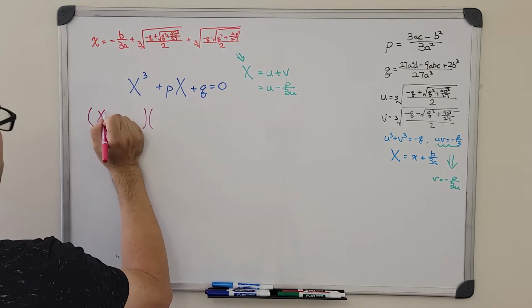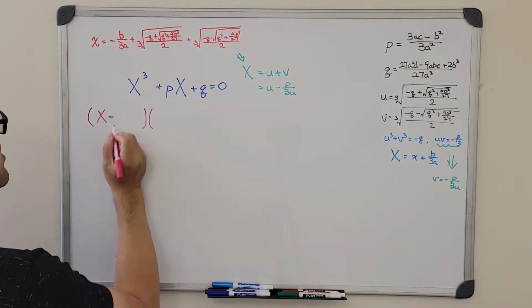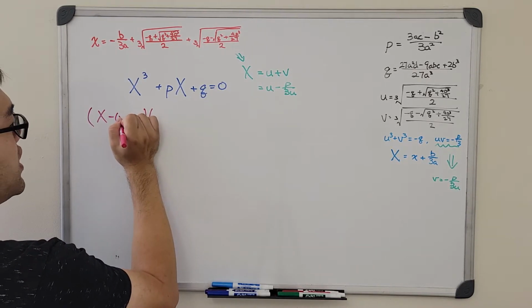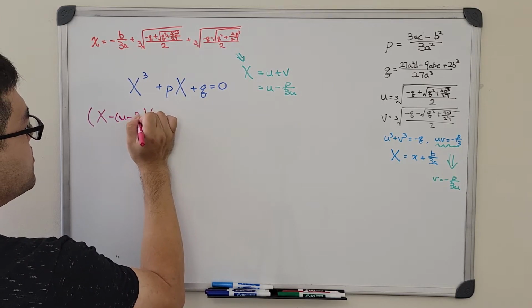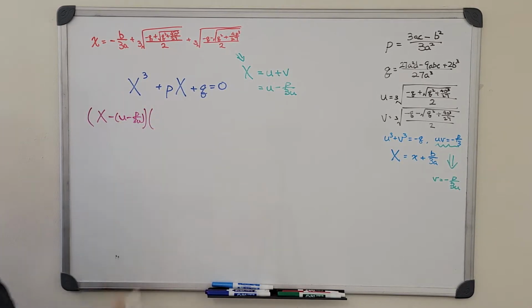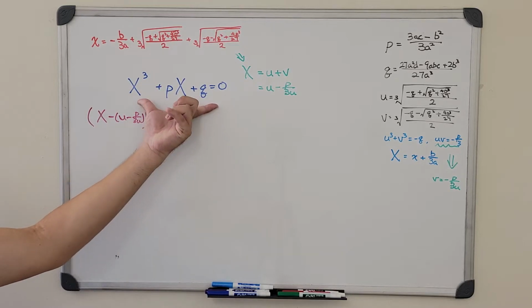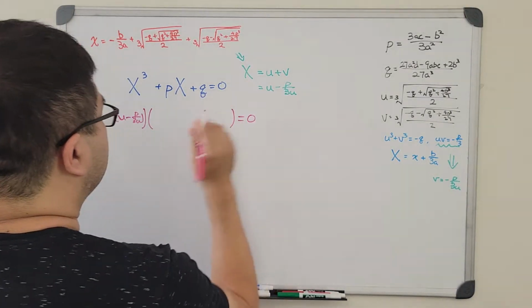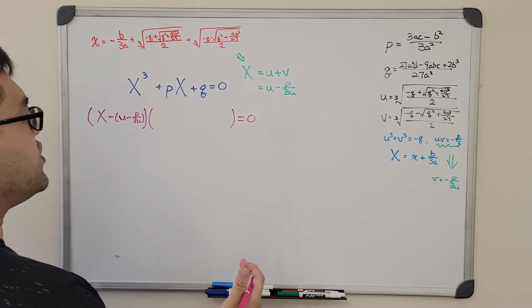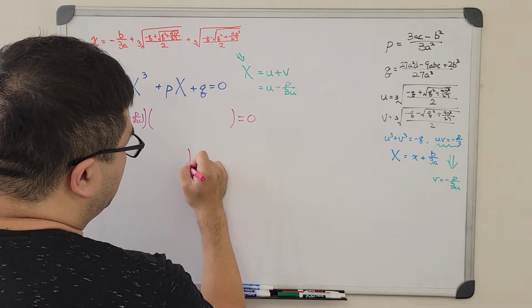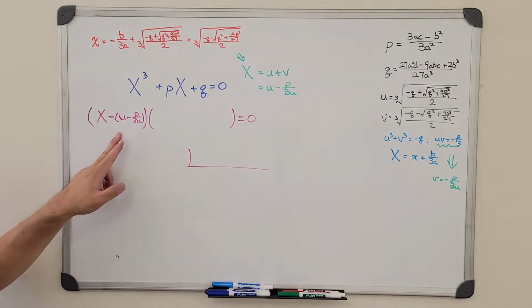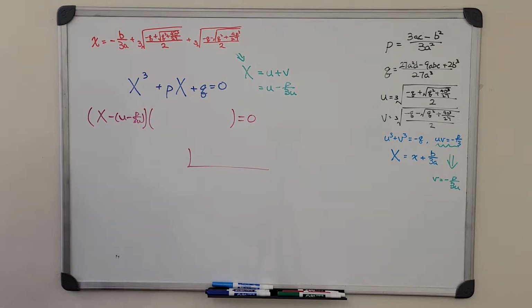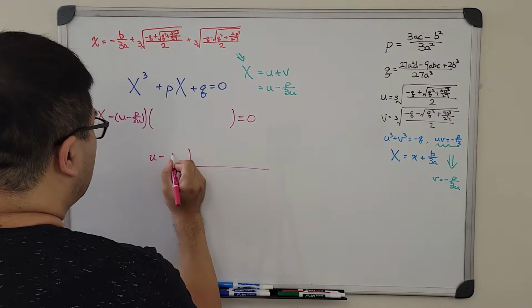We have x minus the quantity u minus p over 3u, which is our first solution of the depressed cubic equation. Then how do we get the other term? We can now use the long division, or we can take the shortcut. Since the other term is just a linear term, we can actually do the following.